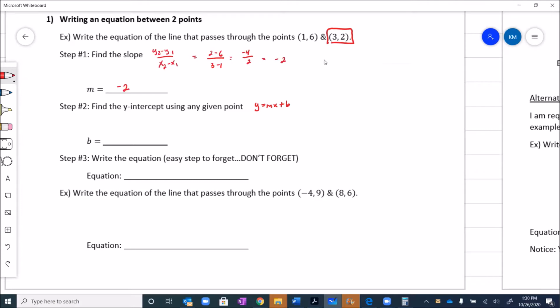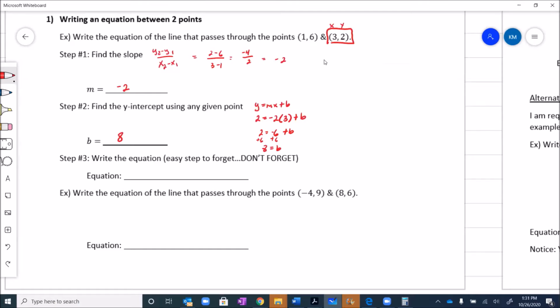So in this point, our y is 2, our m is -2, our x is 3, and we do not know b yet, okay? But what we've done is we plugged in the values where they go. So now we solve this equation for b, add 6 to both sides. We find out that b must be 8.